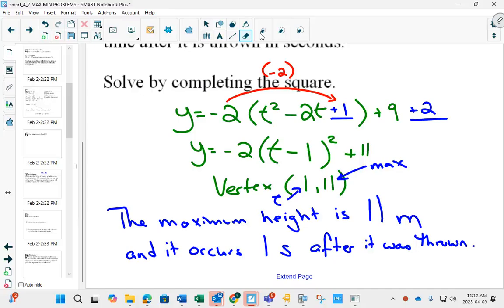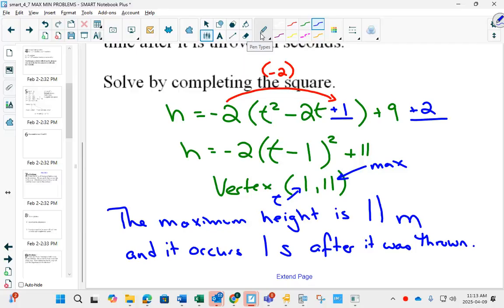We get used to what we're used to doing. This is a little bit of a mistake here. It's not actually a y. It was an h in this question. But we can talk about it being a y-coordinate because we're so used to x's and y's. But in this case, our h-coordinate is our maximum. And our x-coordinate, which in this case was t, that's the time.